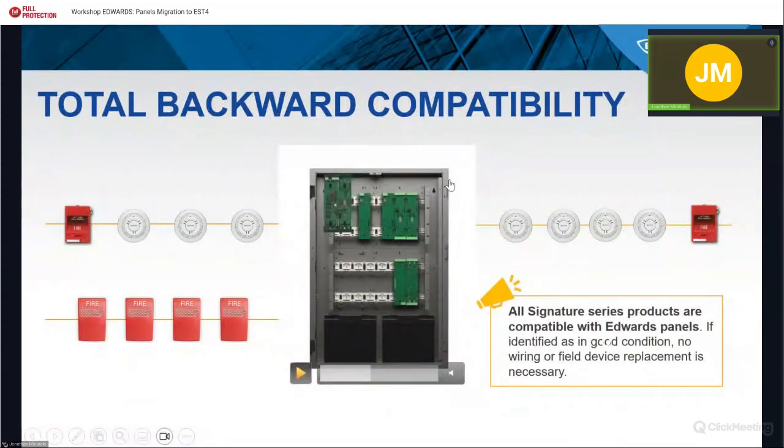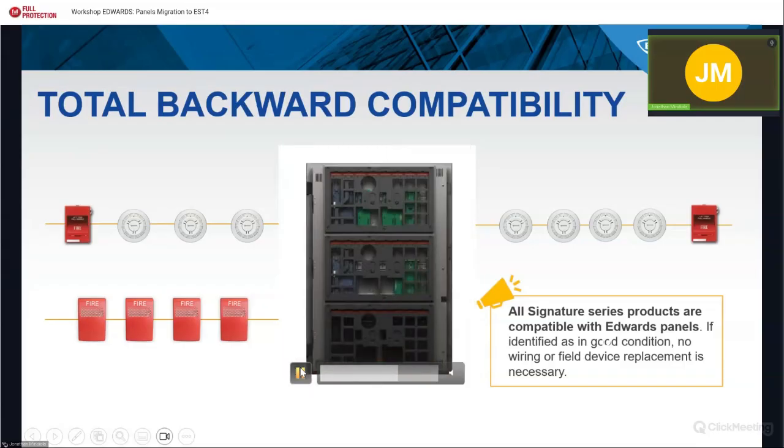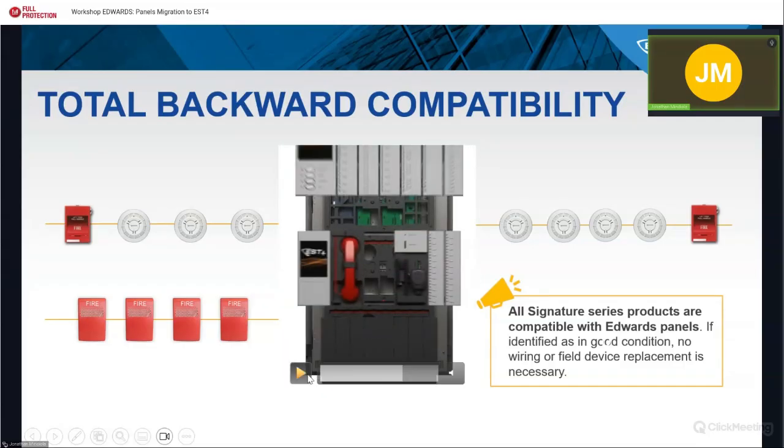You can reuse the backboxes and the local rail of the EST3, and you only have to add the operator layer, the inner door and the outer door for the EST4, depending on the size of the cabinet. We have a reference for each size of cabinet, and you can reuse the same devices that you have installed in your project. So it's really easy to do the migration.